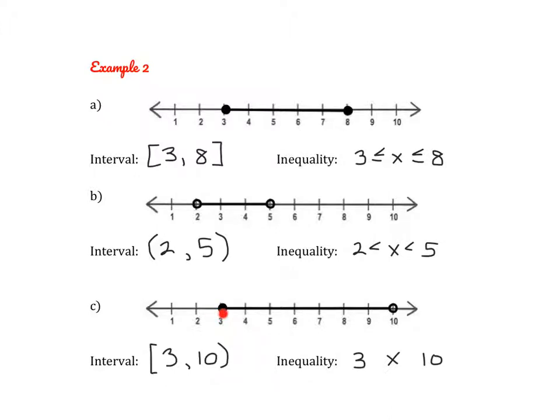Now, since this is a closed circle, we do less than or equal to, and since this is an open circle, we do less than and no or equal to. So it just looks like this. If I read this, you can kind of read it backwards: x is greater than or equal to 3, and x is less than 10. So it's everything in between, including 3, but not including 10.